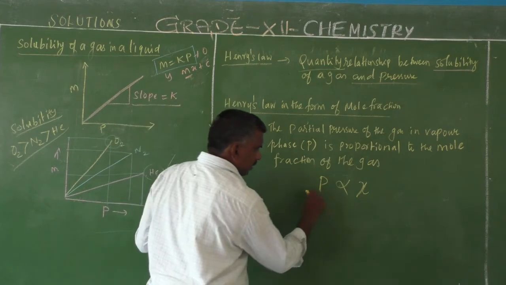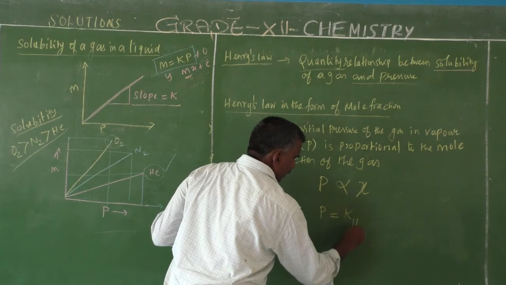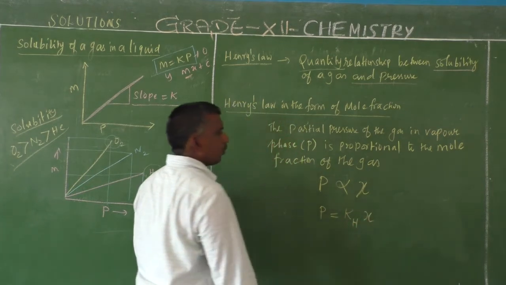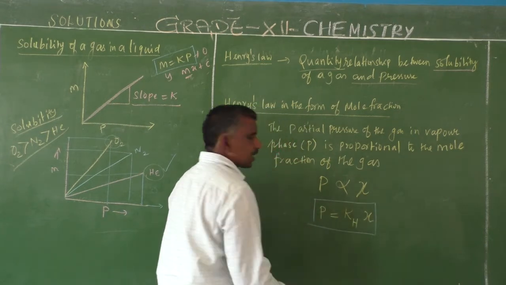Now we will change this into a form. Partial pressure is equal to a proportionality constant times the mole fraction psi: P = KH × psi.